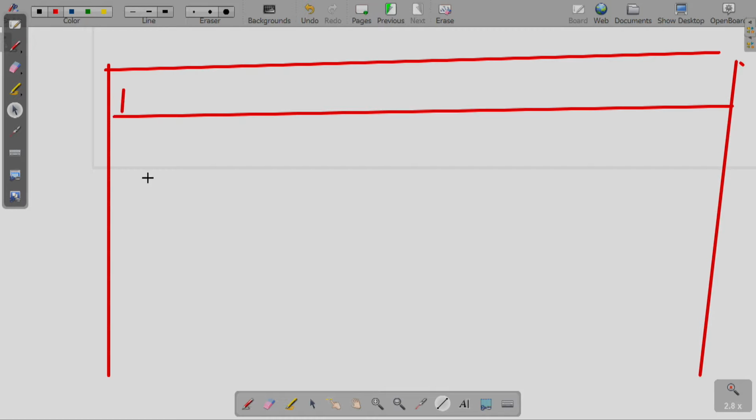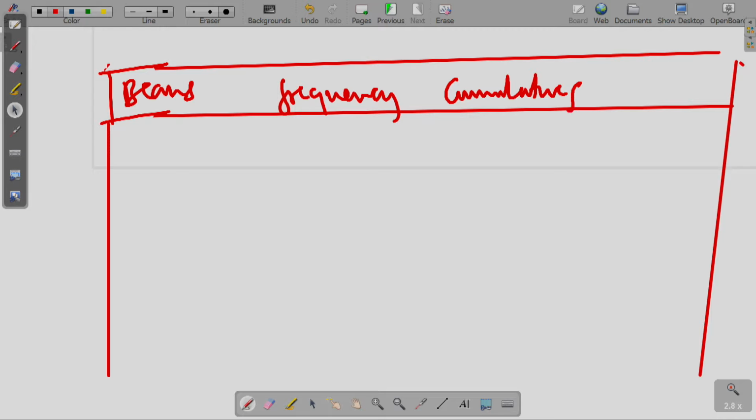Here we have beans, and here we have frequency. Here we have cumulative frequency, and finally we have upper boundary.